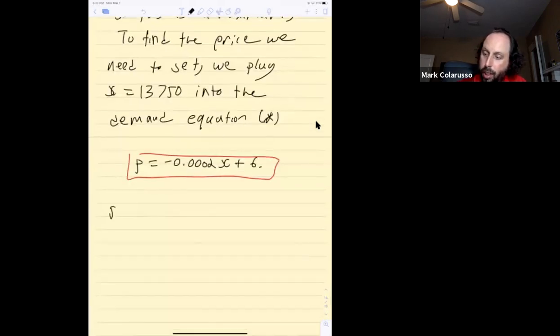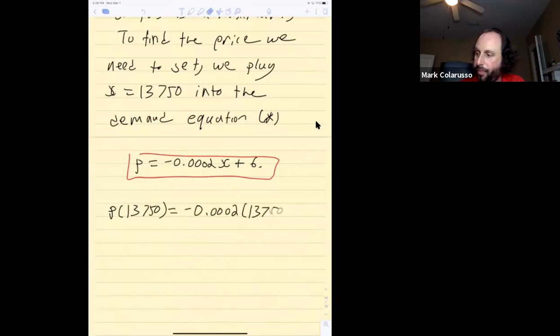And you get P of 13,750 is minus 0.0002 times 13,750 plus 6, and that works out to be $3.25.